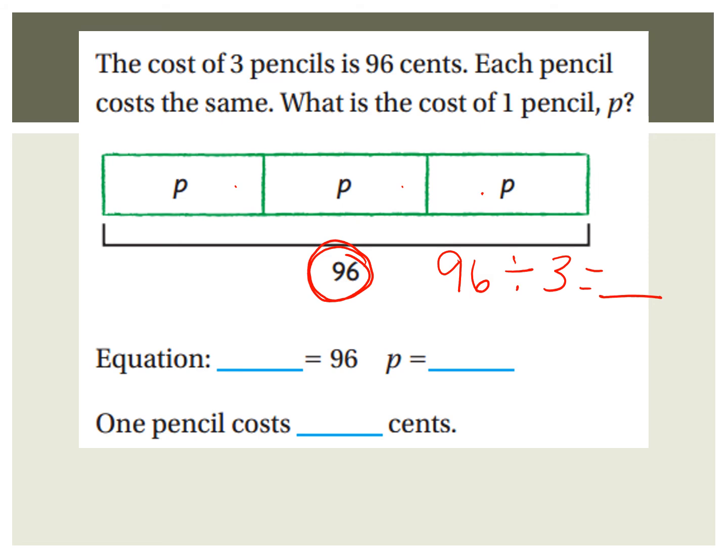So the equation, the opposite operation of division, is P times 3 equals 96. So what can P be? If I divide, 3 goes into 9, 3 times, 3 goes into 6, 2 times. So P equals 32. So each pencil costs 32 cents.